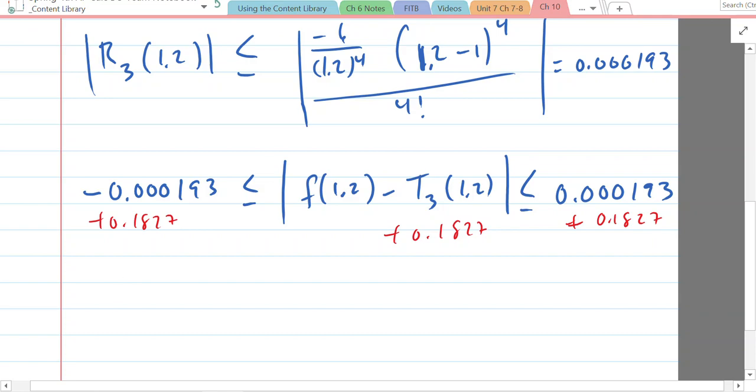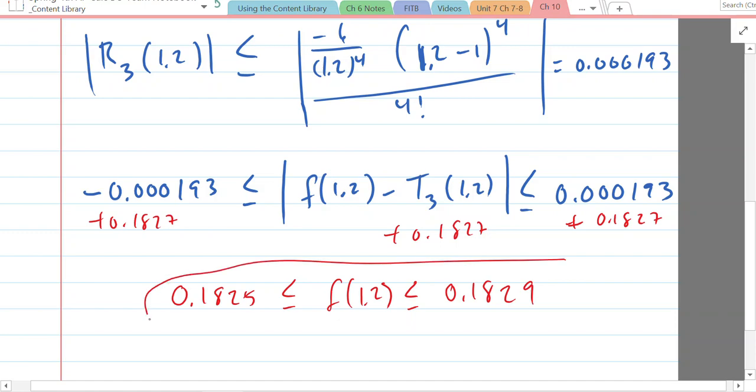And that means that the actual value of the function evaluated at 1.2 is between 0.1825 and 0.1829. So we have bounded our actual value.